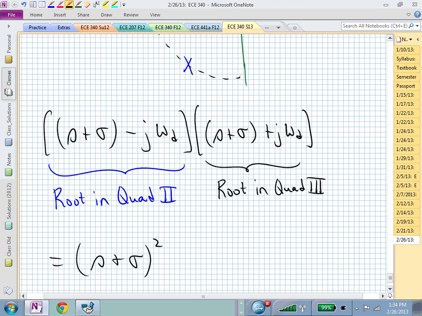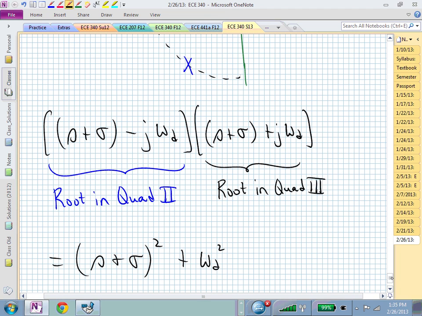And do you see that the cross terms cancel? We have a minus j omega sub d times s plus sigma plus j omega sub d times s plus sigma, and we only have the minus j squared omega sub d squared. The j squared is a minus 1. It cancels the minus, and we end up with plus omega sub d squared.